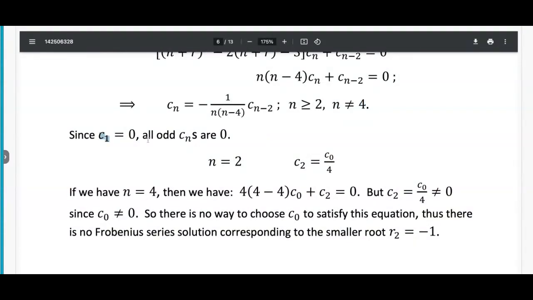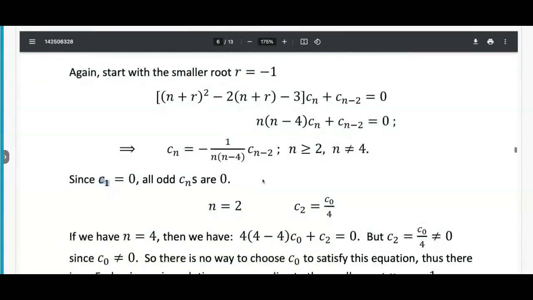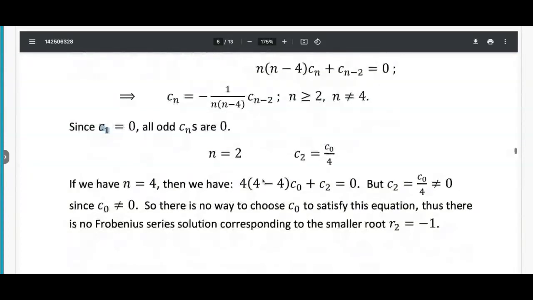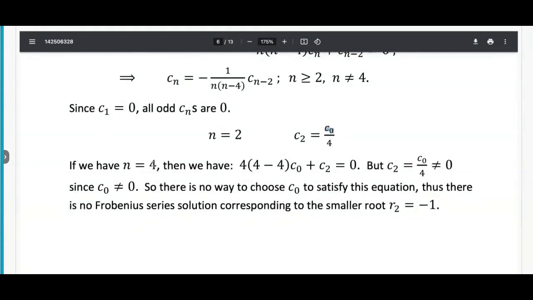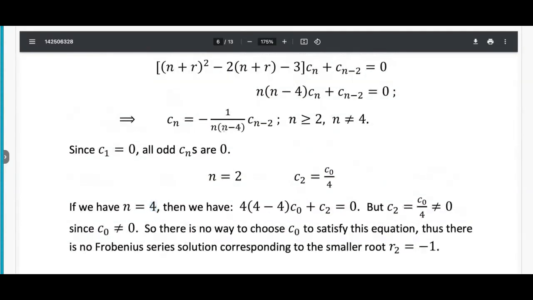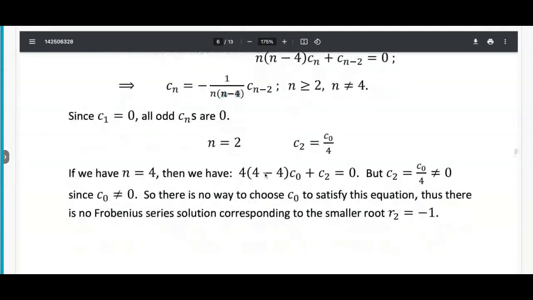Since C1 equals 0, all the odd Cn equal 0. You can go back to check from the equation above. For n equals 2, we have C2 equals 1/4 of C0. When n equals 4, we cannot do that, because n minus 4 in the denominator will cause it to be 0.